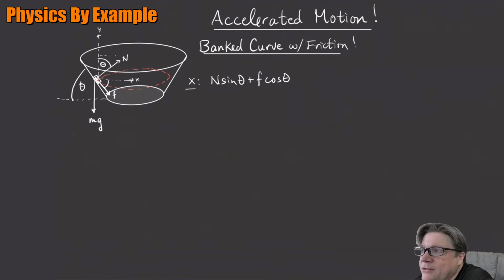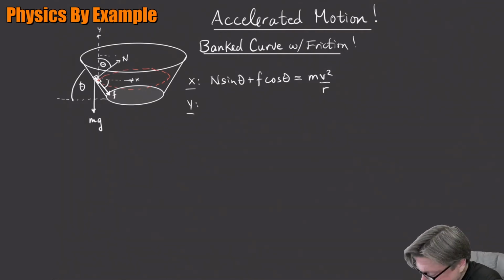And it looks like that's it. So this is going to be equal to mass times how the thing is accelerating. So a sub c, the center of the circle, is also to the right. So this is going to be m v squared over r. Cool. All right, so that's in the x direction. What about the y? In the y, what do I have? It looks like I got n cosine theta going up.